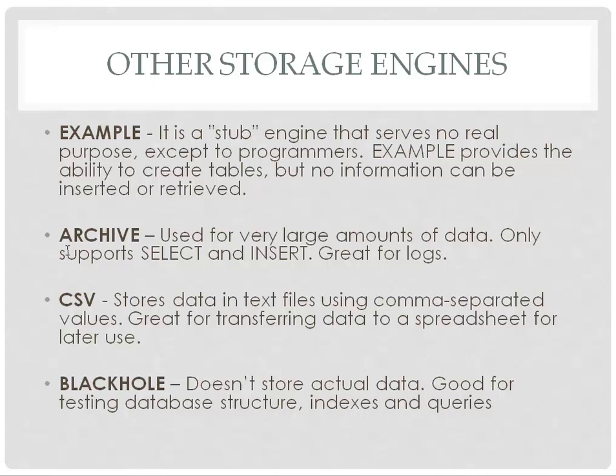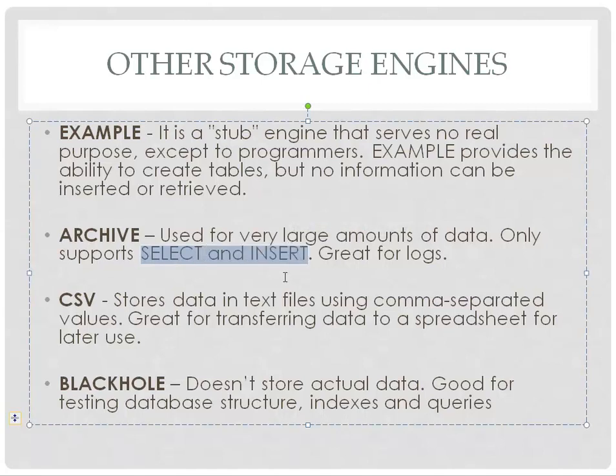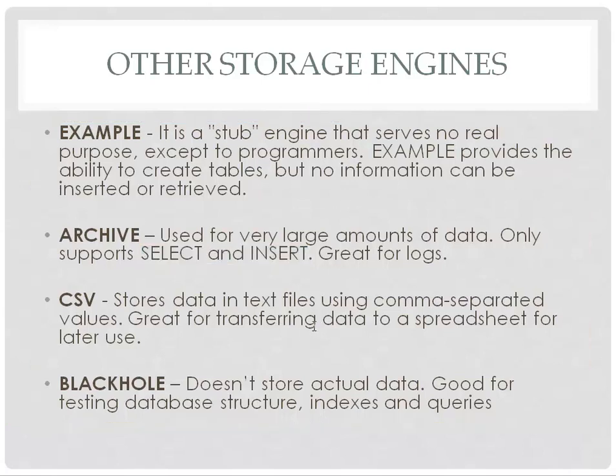Archive is great for a really huge amount of data, but this is actually the table I was talking about that only supports select and insert. So it's great for things like logging. CSV stores data in comma separated values. This is good for transferring data to a spreadsheet for later use.